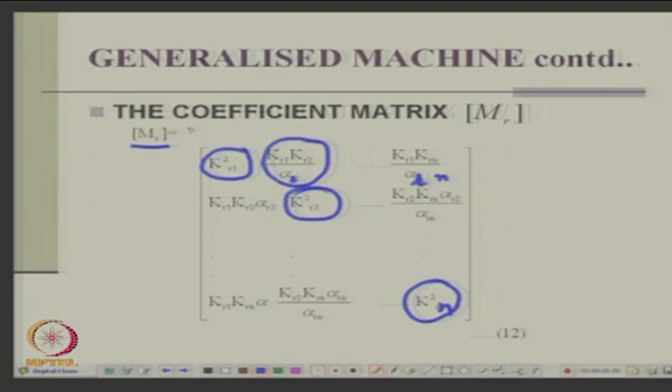So, we have an expression for all these coefficients.